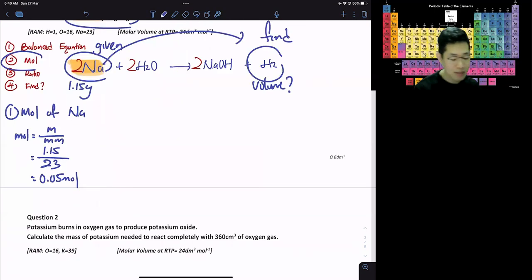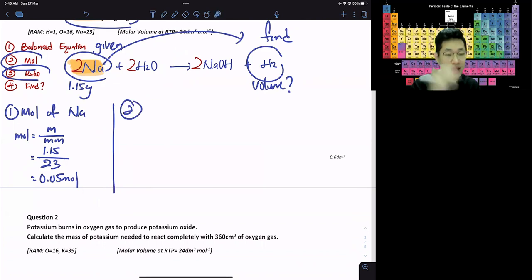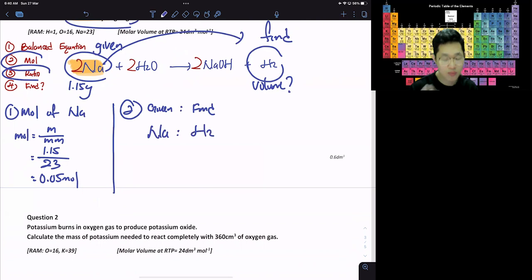And then the second step, ratio. How to do ratio? From the given substance, compare it to the substance that they want you to find. So from Na, I compare it to H2. According to my equation, 2 Na produces 1 H2.